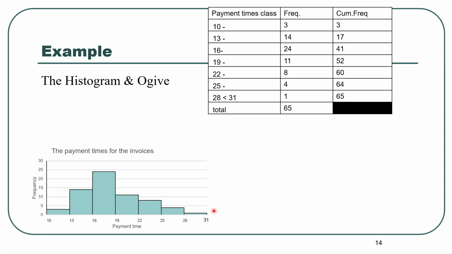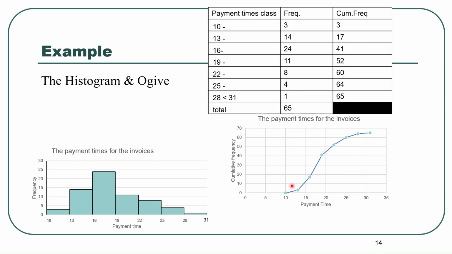Now to talk about the ogive, again we are going to use the high boundaries, which are here 13, 16 and so on till 31, and the cumulative frequency. So your x-axis will have the upper boundaries, which for that one are 13, 16 till 31, and at the 13 I'm going to graph not the 14, I'm going to graph the cumulative frequency.